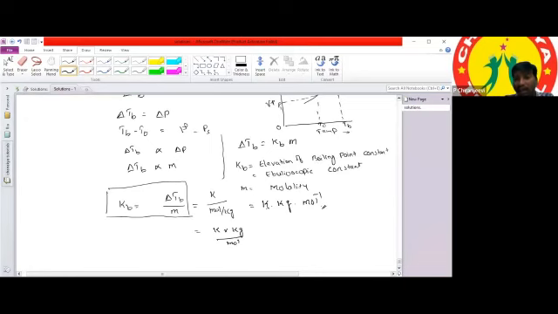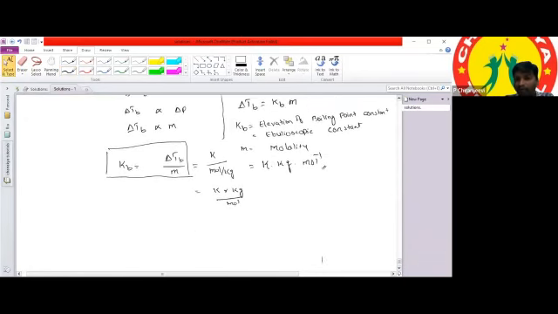How can we define the ebullioscopic constant thermodynamically? From this formula we can also write another method. Delta Tb is equal to Kb into molality. How do we write the formula for the molality?